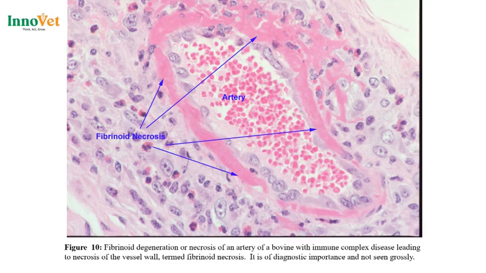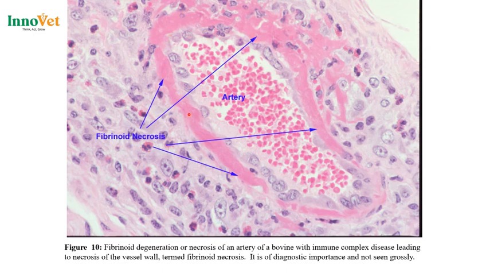This is an H&E histological section of an artery from a bovine. We are able to appreciate here in the center, we have the blood cells which appear red. Then I want us to appreciate the wall of this artery. We have fibrin being deposited within the walls of this artery, and this is what we call fibrin necrosis or fibrin degeneration.